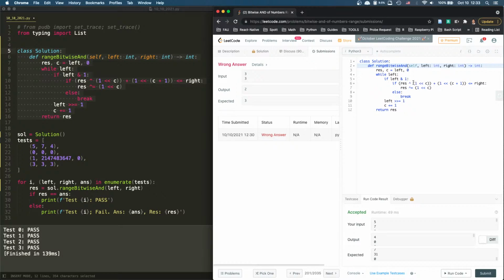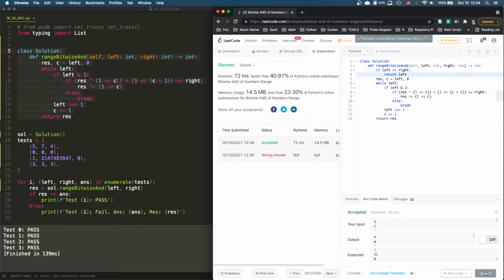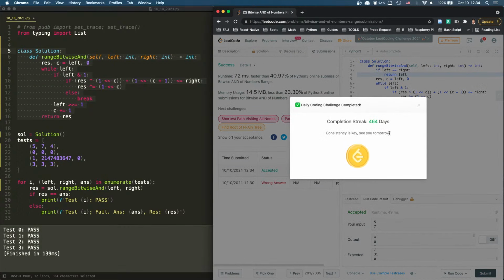If you don't do it, it's going to have to loop many times. This one still works, but I think this will be better. All right, try again. There you go. Oh, it was slow, only 40%.